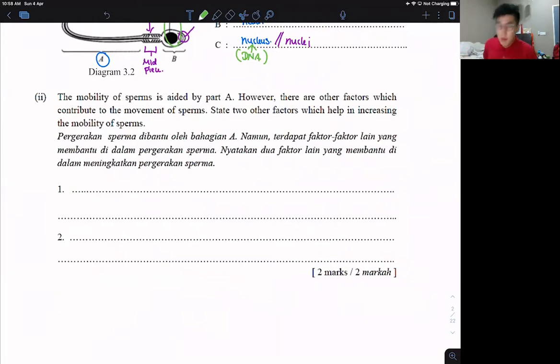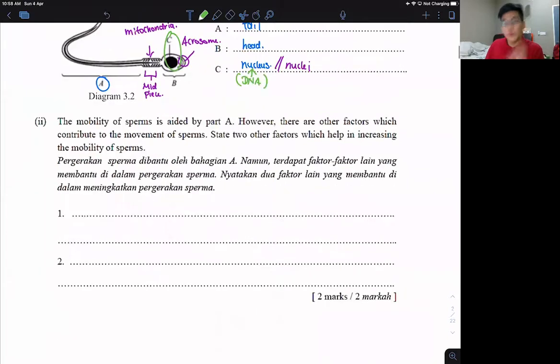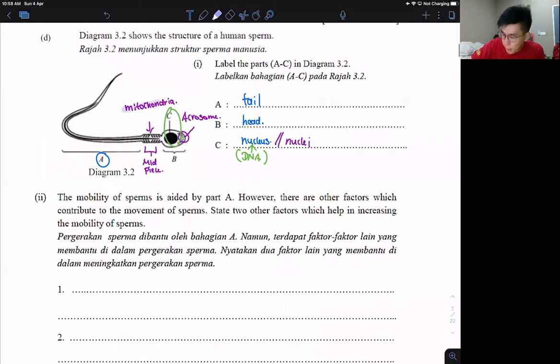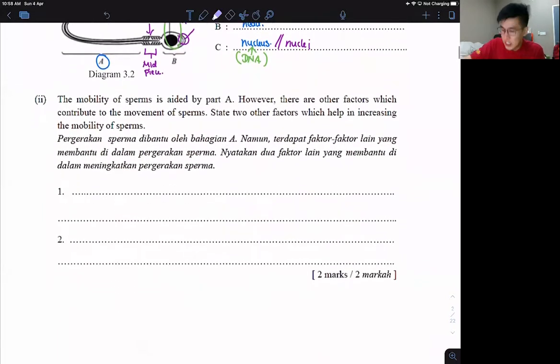Now, the motility of sperm is aided by part A. However, there are other factors which contribute to the movement of sperm. State 2 factors which help in increasing the motility of sperm. So there are two things that help in motility, meaning movement. Number one, we already mentioned: mitochondria.